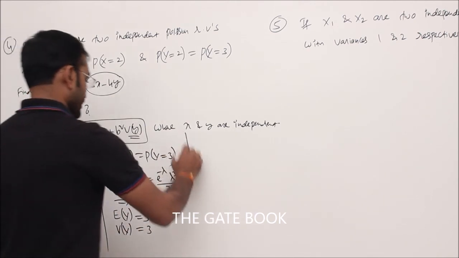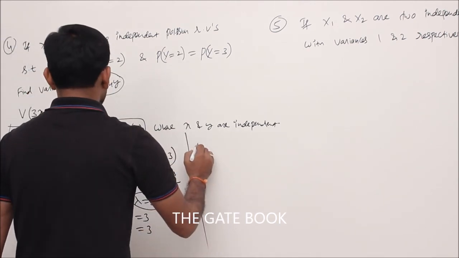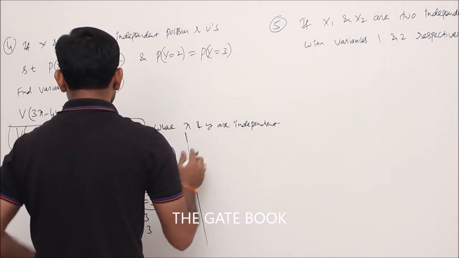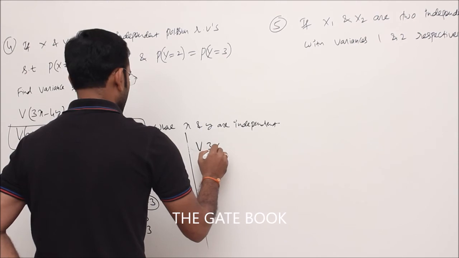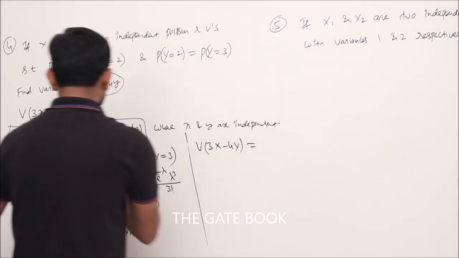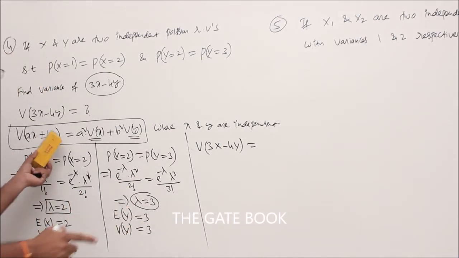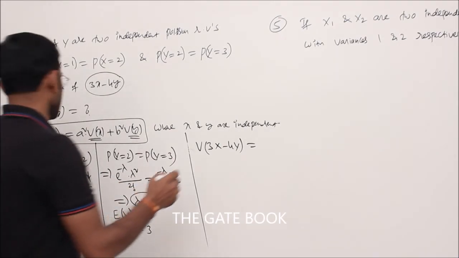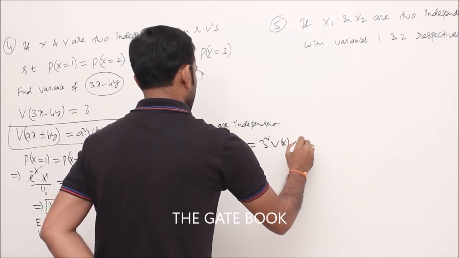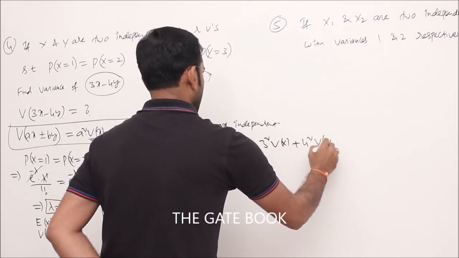Now, the required thing is variance of 3x minus 4y. You can take small x or capital X, it's ordinary. Variance of 3x minus 4y is equal to, apply this formula, a value 3, here b value 4. So a square, here 3 square variance of x, plus 4 square variance of y.